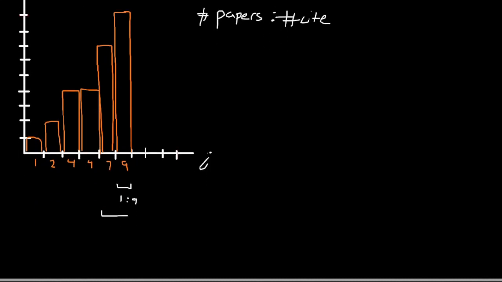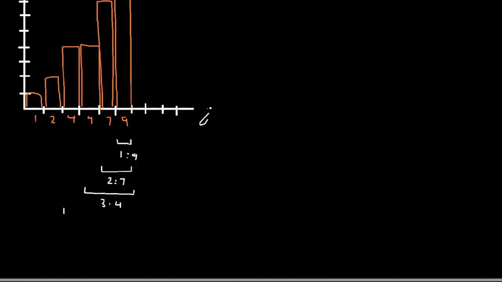Let's move on next. We'll see that these 2 papers have at least 7 citations. Next, we have 3 papers with at least 4 citations. Then we have 4 papers with at least 4 citations. 5 papers with at least 2 citations. And 6 papers with at least 1 citation.